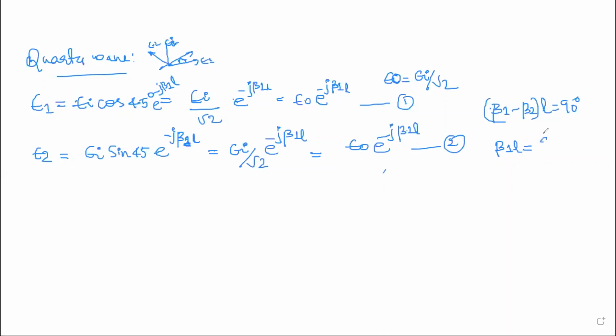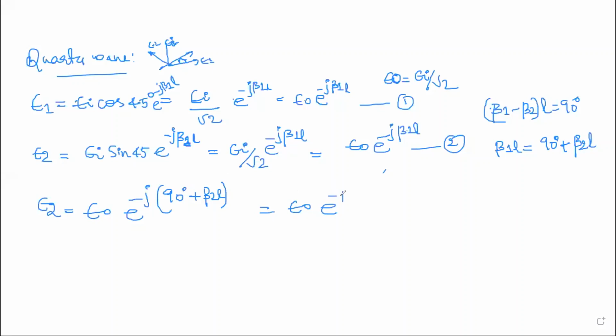So beta 1 will be 90 degree plus beta 2L, which is also equal to E2 will be E naught e to the power minus j, wherever you have beta 1L, substitute as 90 degree plus beta 2L, or I can say as E naught e to the power minus j 90, which can be written as pi by 2, e to the power minus j beta 2L.